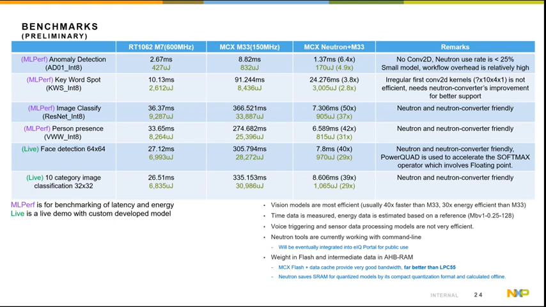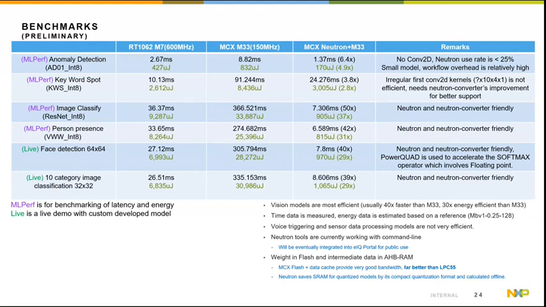And the visual wake words is a precise binary classification and a small size image classification. We also have 2 live demos. The first one is the face detection, as Anthony just mentioned. And the image classification, we also make it live, and we can check the time.